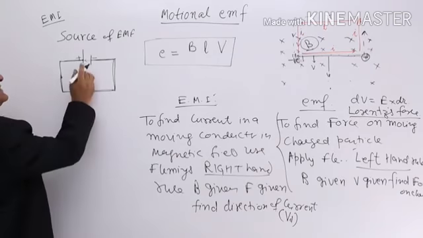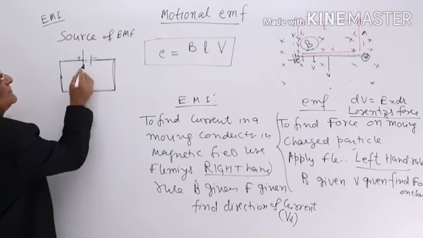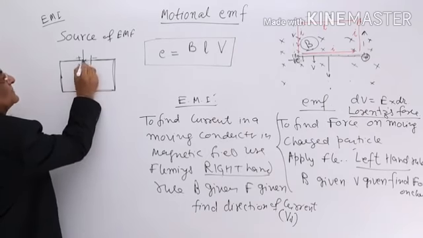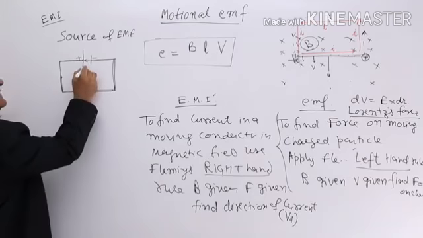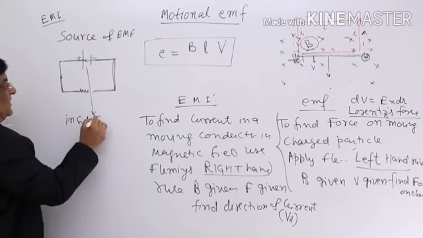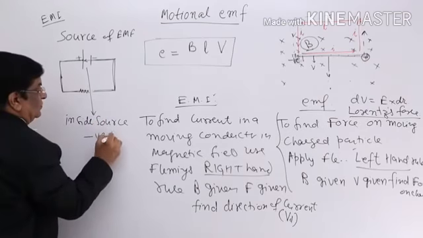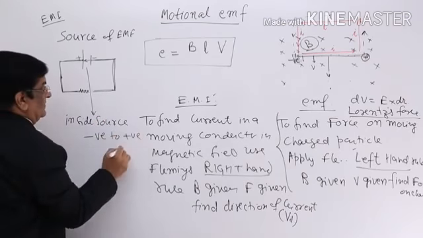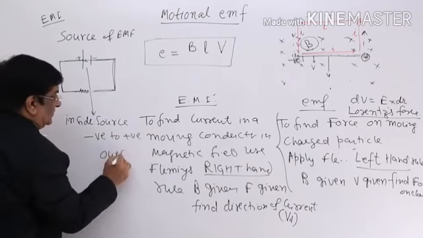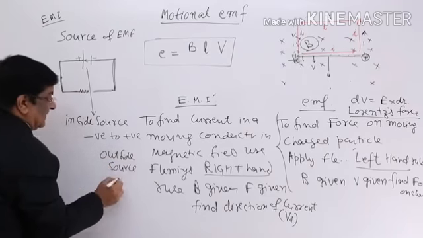Now, inside the cell, what is the direction of the current? Plus to minus or minus to plus? Yes, you are right, it is flowing minus to plus. So, inside the source, minus to plus. Outside the source, in the circuit, it is plus to minus.